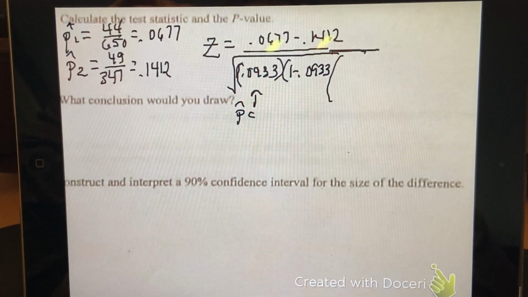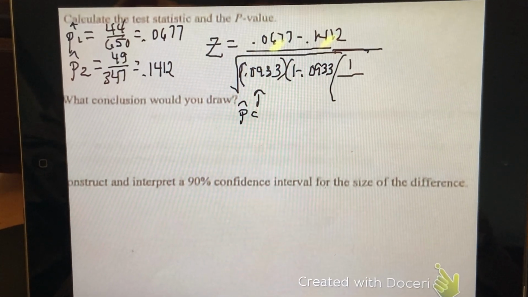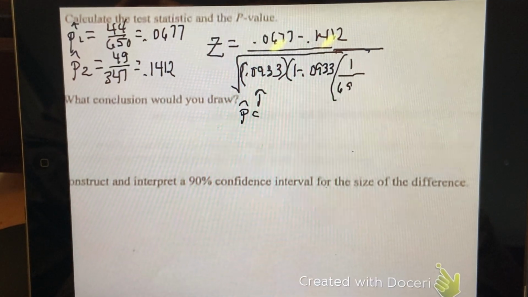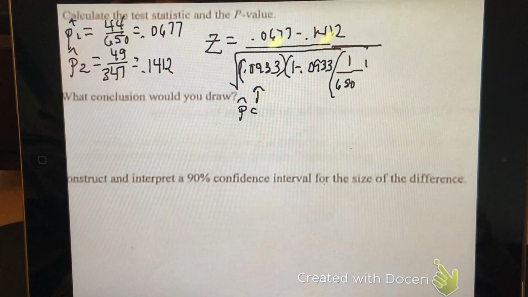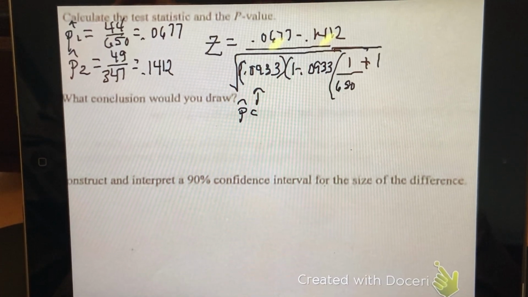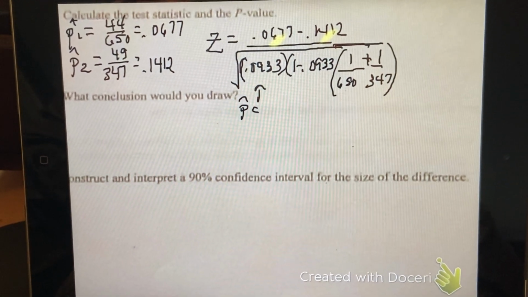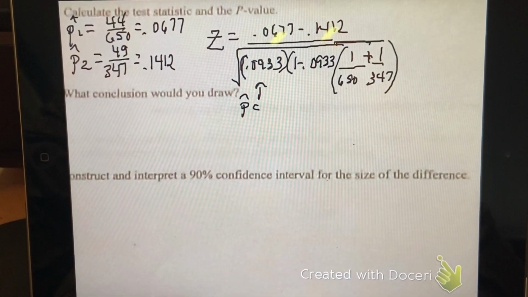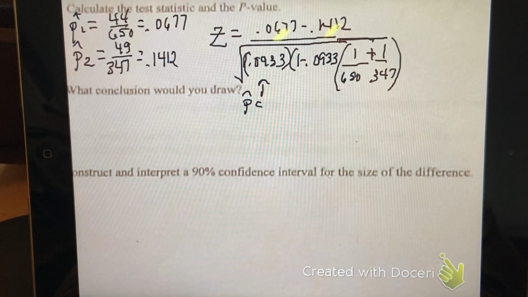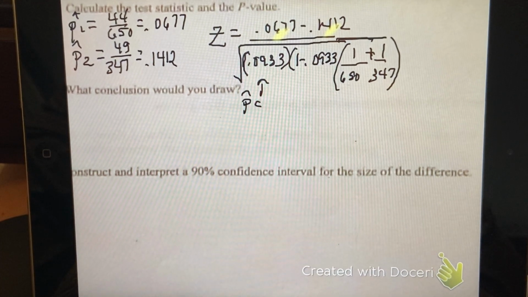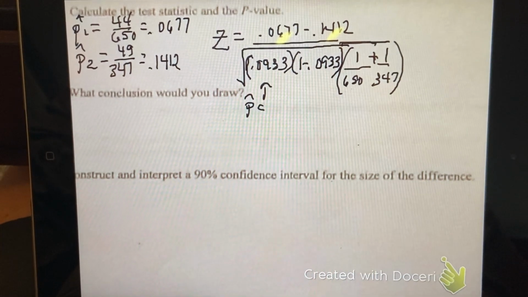And then I'm going to multiply that by this proportion, 1 over 650, which is the first sample size, and 1 over 347, which is the second sample size. Okay? So underneath in the denominator, we're using p hat combined as our percent. Okay? And so, a little different.